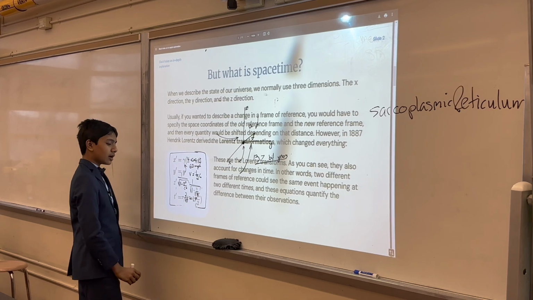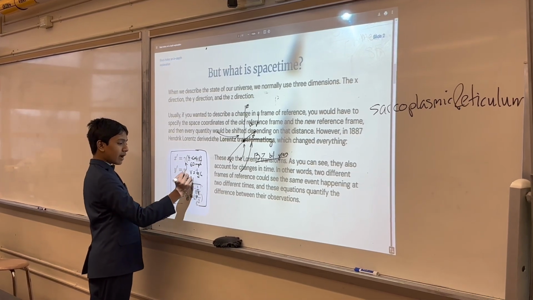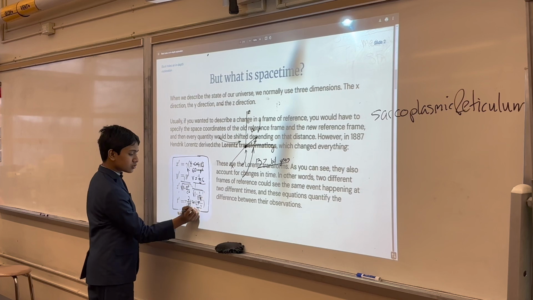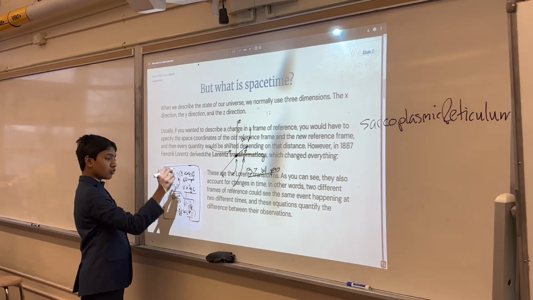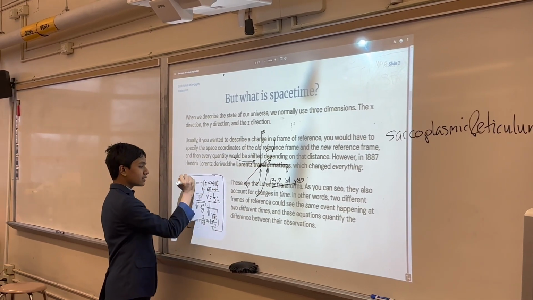So if you're traveling at half the speed of light, this is 1.7. If you're traveling really slow compared to the speed of light, this is 1.